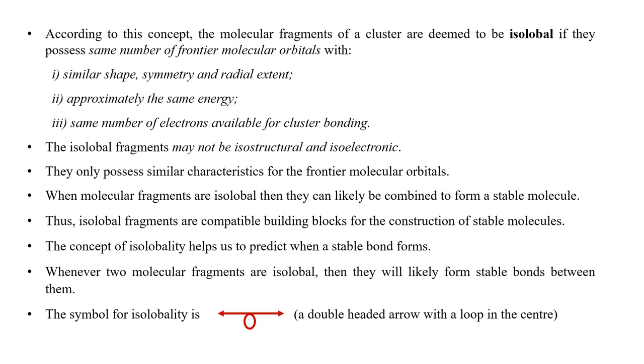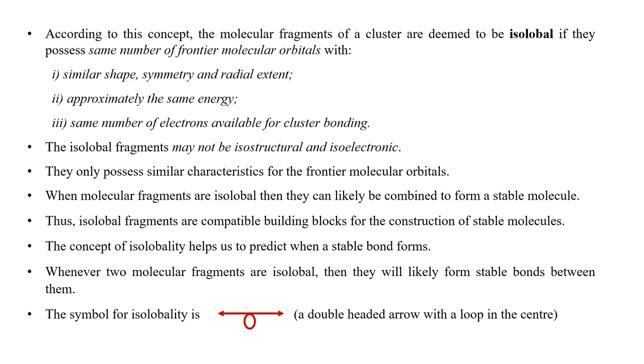When molecular fragments are isolobal, then they can likely be combined to form stable molecules. So we use this isolobal analogy to predict whether the two fragments we have can form a stable molecule when clubbed together. Thus, isolobal fragments are considered to be compatible building blocks for construction of stable molecules.